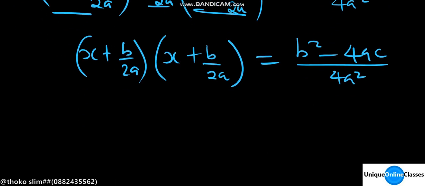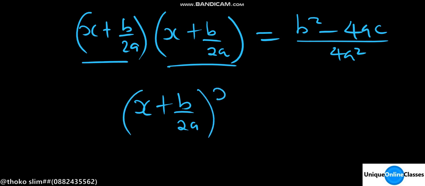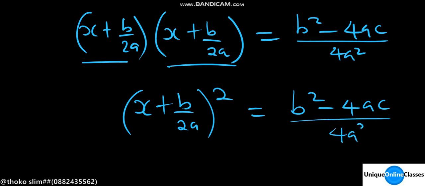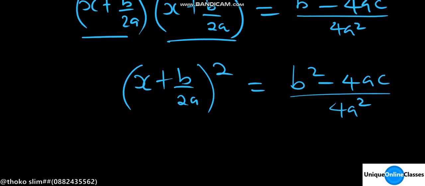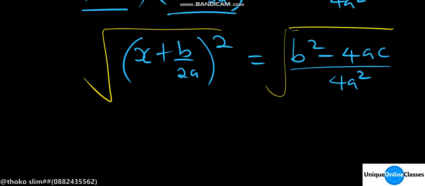Now we can square the bracket, which is x plus b over 2a, squared, is equal to b square minus 4ac over 4a square. To find x, I can just introduce the square root to both sides.